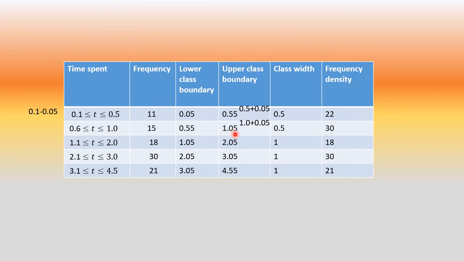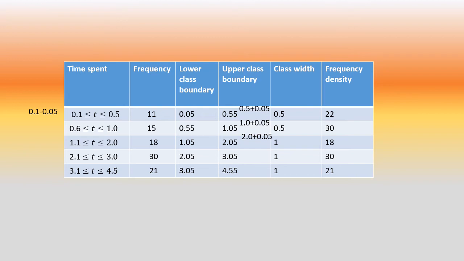1.05, the upper class boundary, becomes the lower class boundary of the next class interval, so that 1.05 is the lower class boundary, and when you add 0.05 to 2.0, it becomes 2.05.